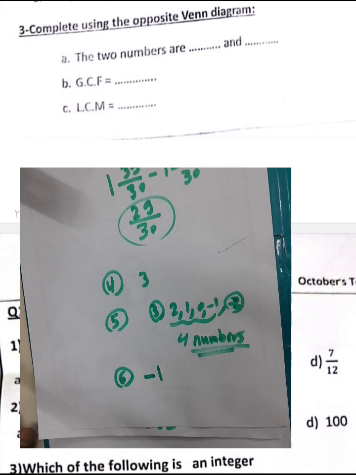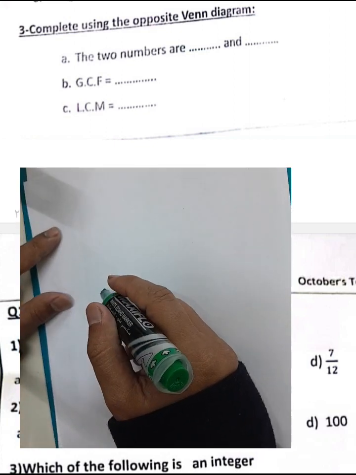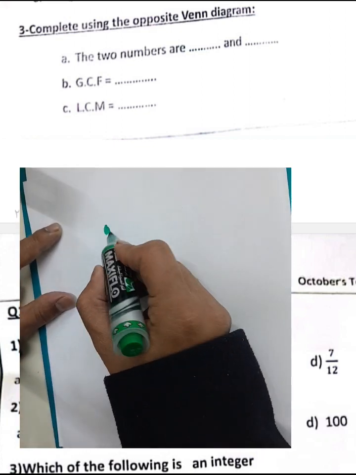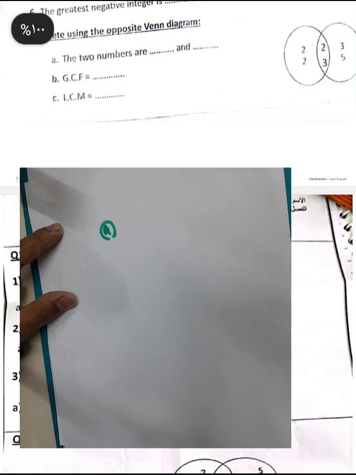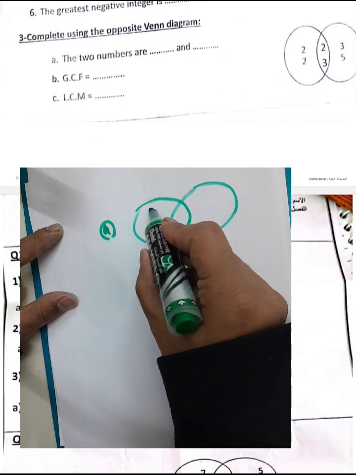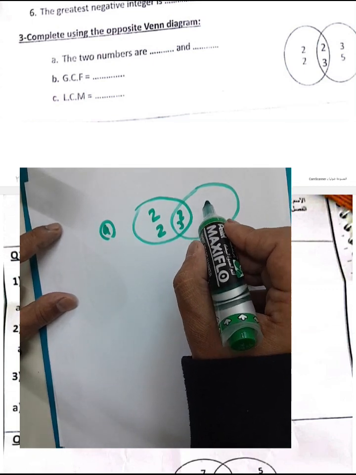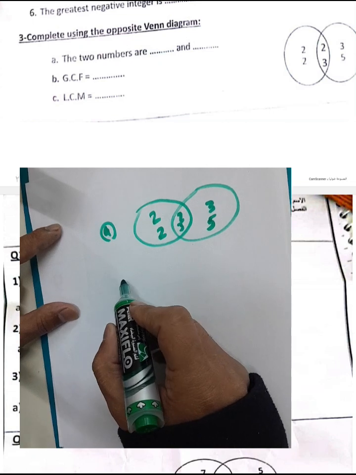Number 3 here, complete. Write the greatest common factor between two numbers. Letter A. Look here, we have a Venn diagram with circles, and here 2 and 2, 2 and 3, and 3 and 5. We want to find two numbers.